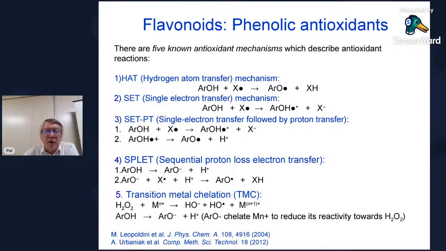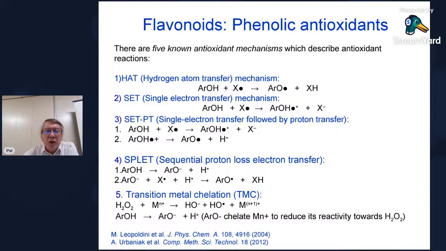The single electron transfer followed by proton transfer is a complex mechanism of the phenolic antioxidants. It's practically a combination of the previous two. In the first step, one electron is transferred to the aromatic phenol, and in the second step, the protonated aryloxy radical transfers the proton to the base, which is found in its surroundings.